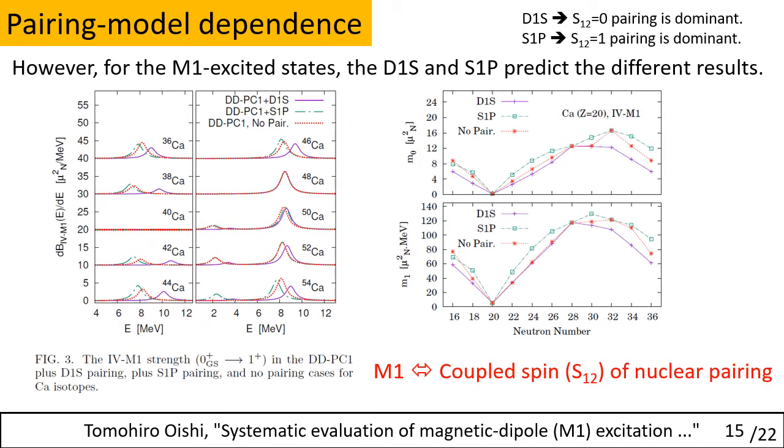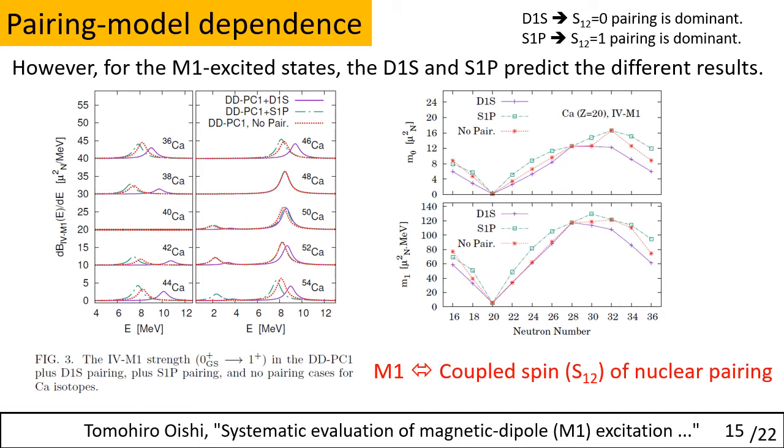However, for the M1 excitations, the D1S and D1P predict different results. In the left panel, I show you their M1 excitation strengths, and here the DD-PC1 is used for the particle-hole channel, whereas the Gogny pairing is used for the particle-particle channel.